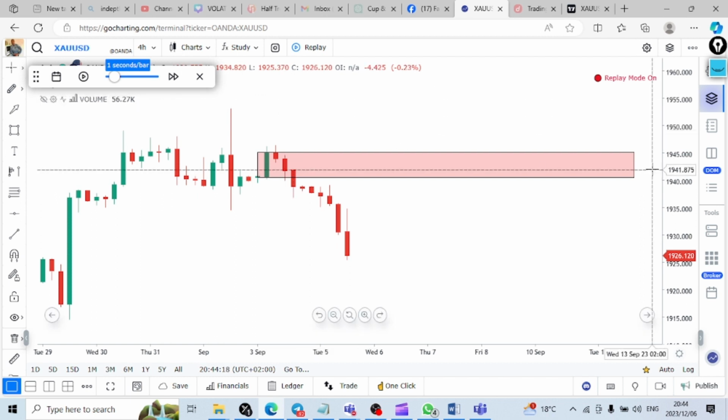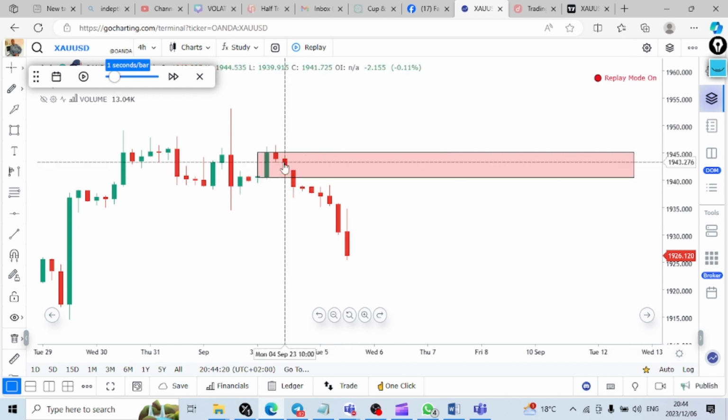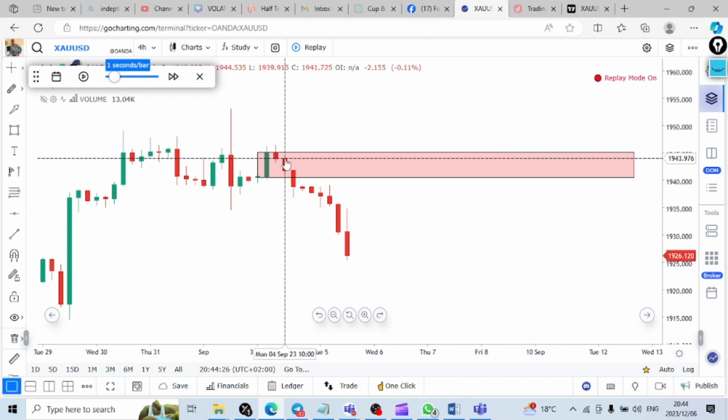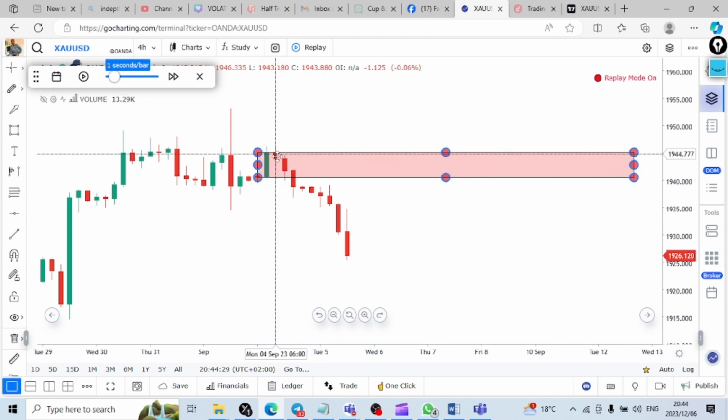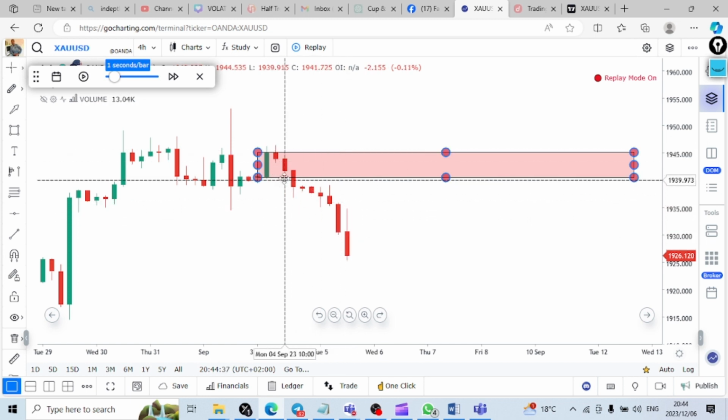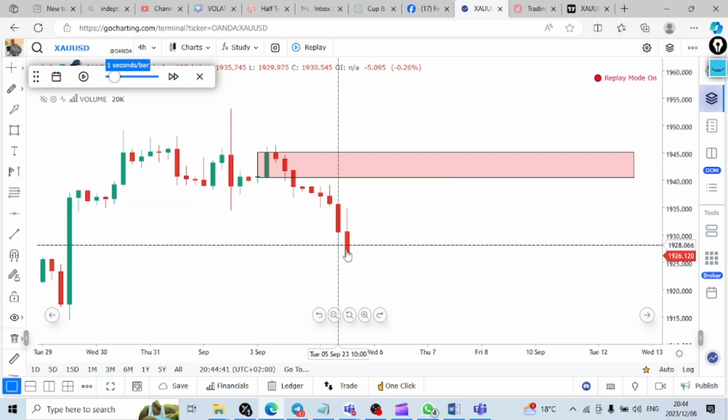They wanted to place 1 million US dollars at this particular level. They were only able to fulfill half of that, that is 500,000. Not all of their orders were fulfilled as the price was coming down.